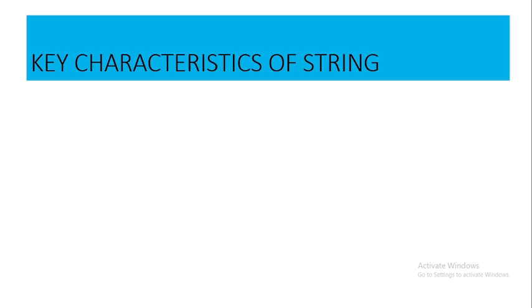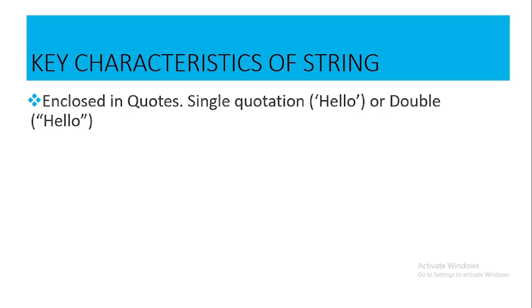Let's look at key characteristics of string. How would we know that this is a string? There are some characteristics that identify a string. So one, strings are always enclosed in quotes, either single quotation or double quotation marks.